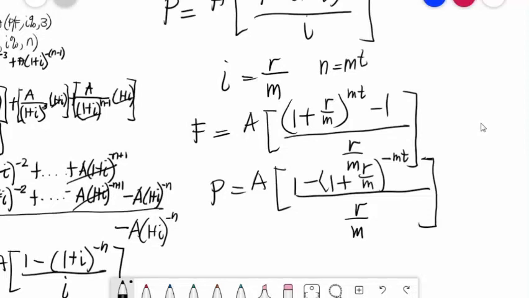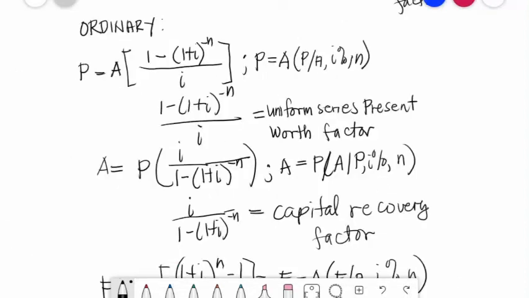So that's it. We will have an example here. In summary, we have these formulas. P, the present worth, is equal to the annuity multiplied by (1 minus (1 plus i) raised to negative n) divided by i.